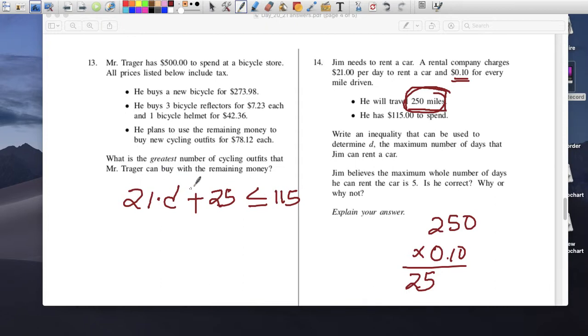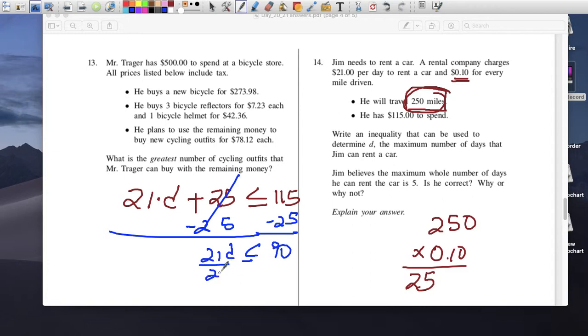So how many days can he drive the car? Well, let's solve this. We can do minus 25 here, minus 25. 115 minus 25 is 90. And then we have 21D. So divide by 21, divide by 21, and D is less than or equal to 90 divided by 21, which equals 4.28, or 4.29 rounded.